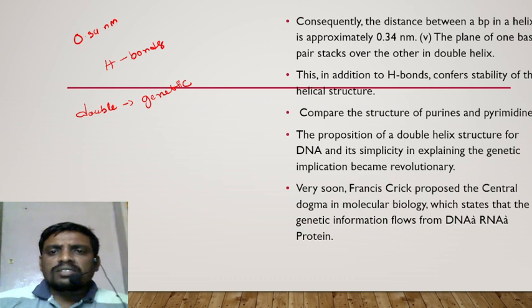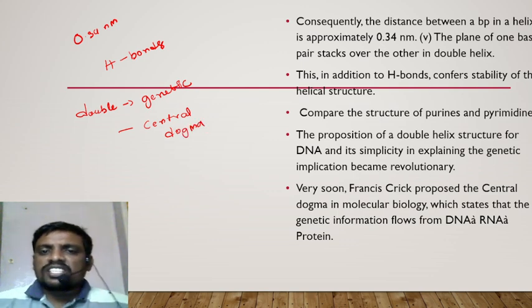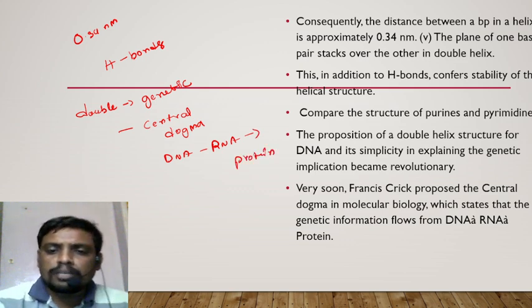Very soon, Francis Crick proposed the central dogma of molecular biology, which states that genetic information flows from DNA to RNA to protein.